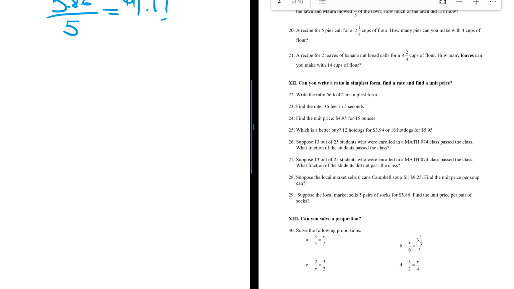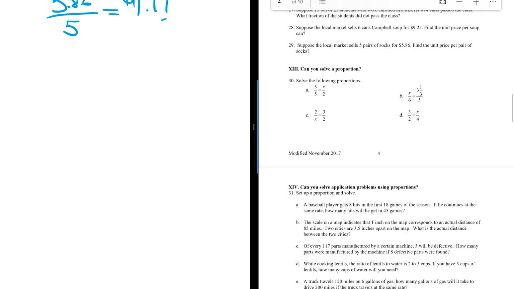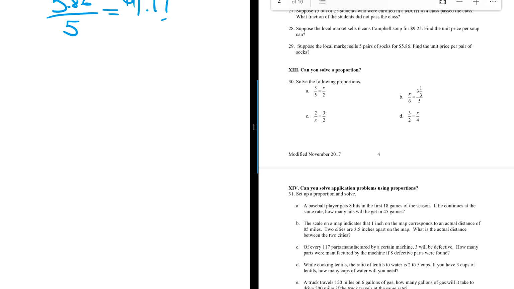And that's up to number 29. Now we're up to number 30, solving the proportions. All right, and I will say, you know how to do these. We did a couple already earlier, but I want to take this letter B. This is number 30, B. Okay, and that is x over 6 equals 3 1/3 over 5.